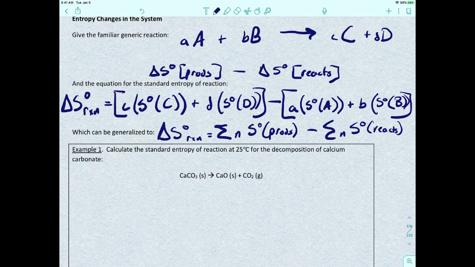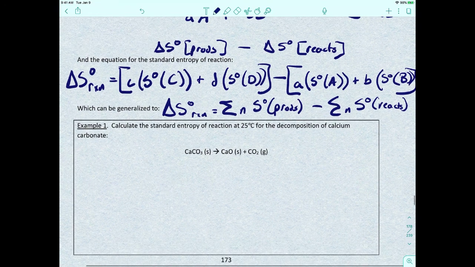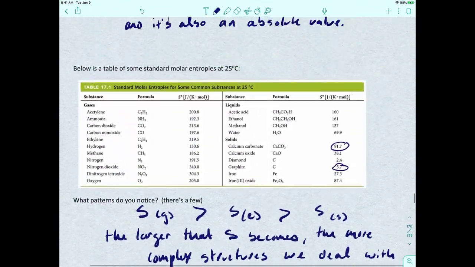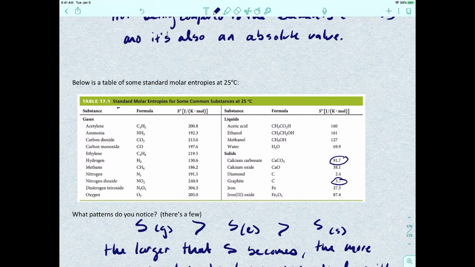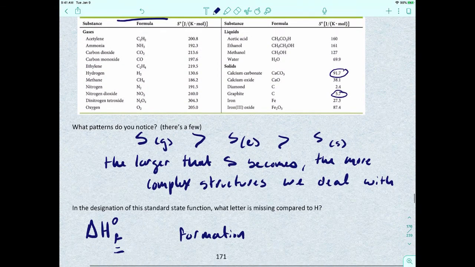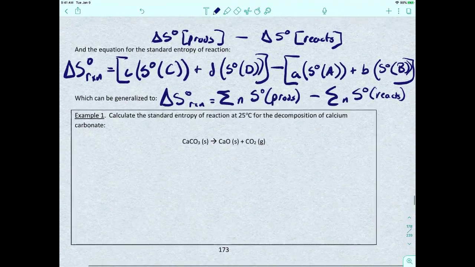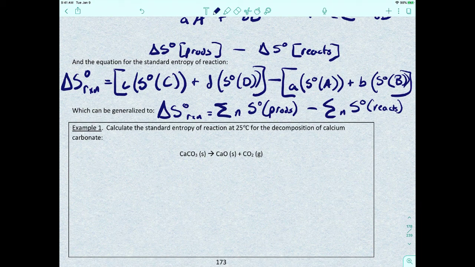And here's your reaction. Okay, so we'd have to go find the standard molar entropies and look up these compounds either in this chart or in the appendix of our textbook. We would find that the entropy for calcium carbonate as a solid is a positive 91.7 joules per K-mole.